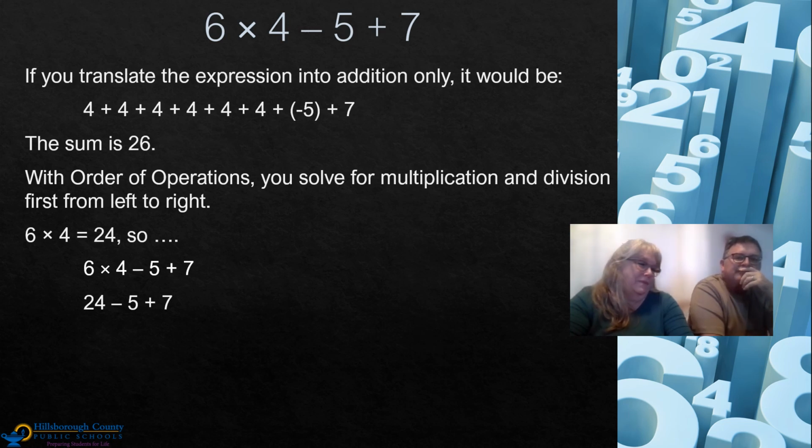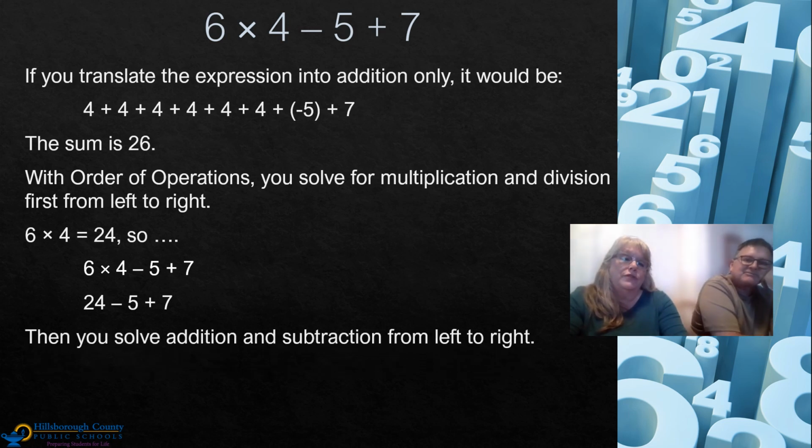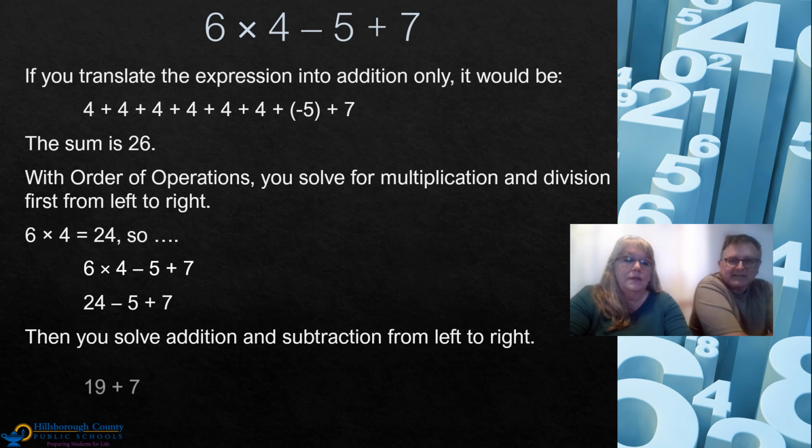That's not going to be correct. Correct. That's going to give me an incorrect answer. Yes. So we have to do the subtraction in this case before the addition because it comes first when I'm working from left to right. Right. And context helps that a little bit too. They have situations where they can see that action. So I still get an answer of 26 using order of operations.